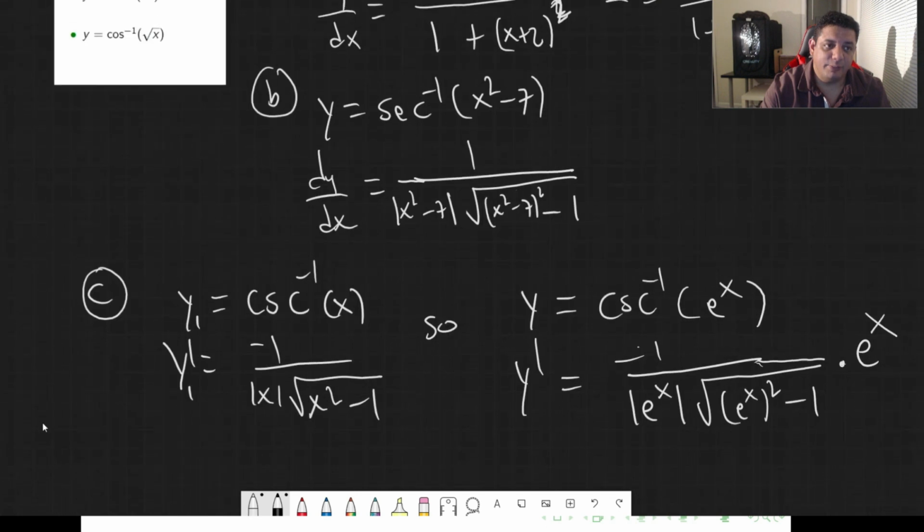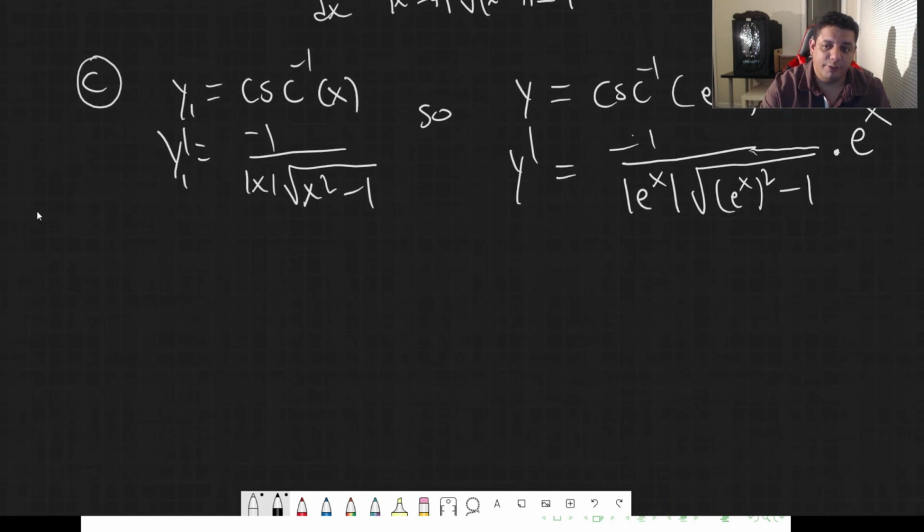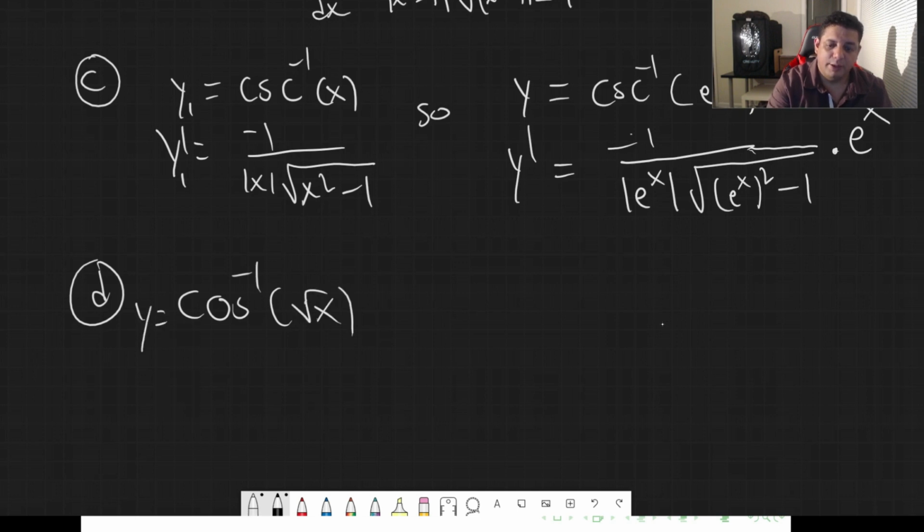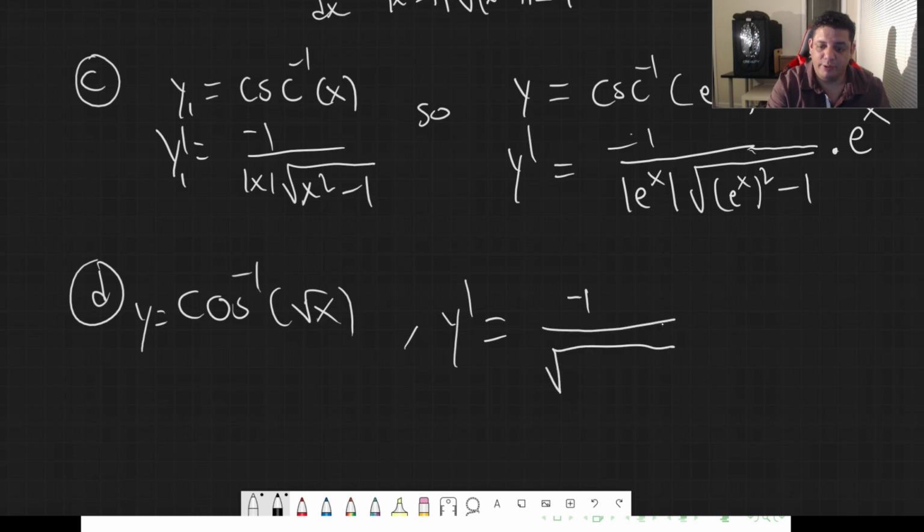Last but not least, we have cosine to the minus 1 of square root of x. And so again, recall that this is very similar to the one of the sine, but with a minus. So we're going to be able to do it very quickly. Y prime is going to be minus 1 over the square root of 1 minus x squared usually.